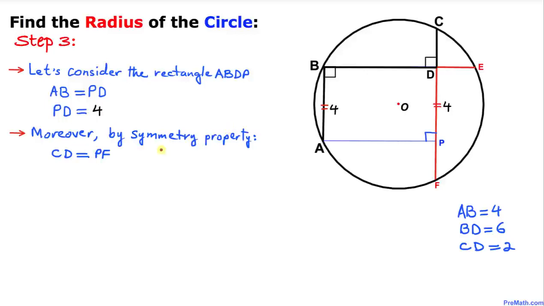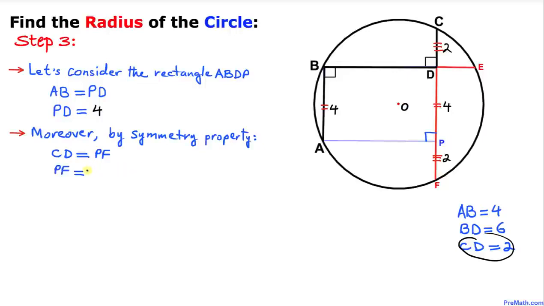And moreover, by symmetry, this side CD is going to be the same as this side PF. And we know that this side CD is 2 units. So that means this PF is going to be 2 units as well.